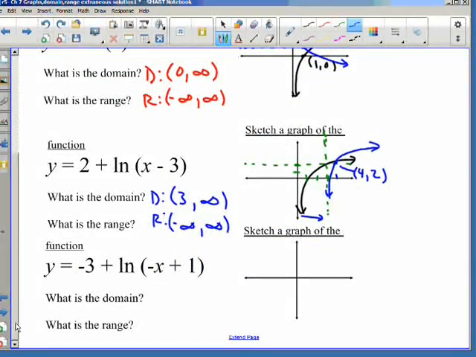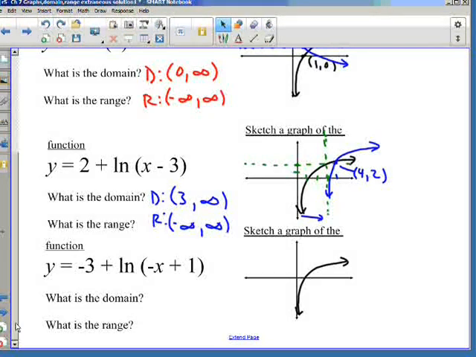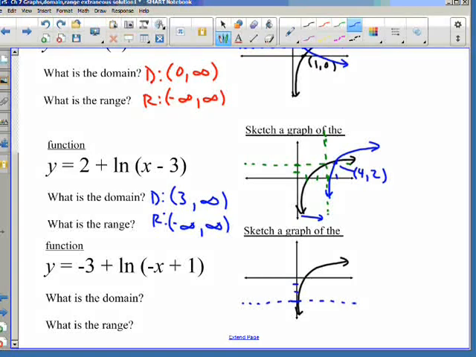And I'll do this one last here. Again, I put my reference graph in there. I've got 3 things going on here. I got to pay attention. I'm going to do the outside thing first, which is a translation down 3. Okay. And I really don't need to make the sketch yet.